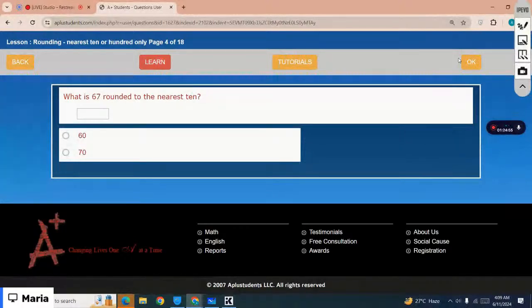Which is the correct option? 67 is rounded off to, yes, 70. The correct option is 70. Option number 2 is the correct option.